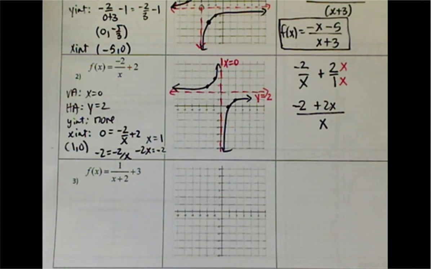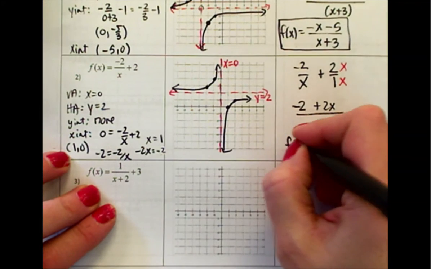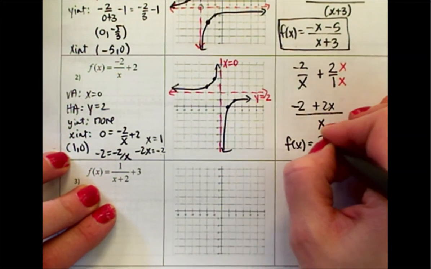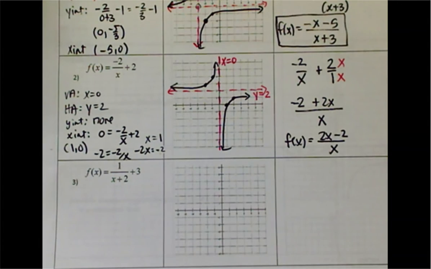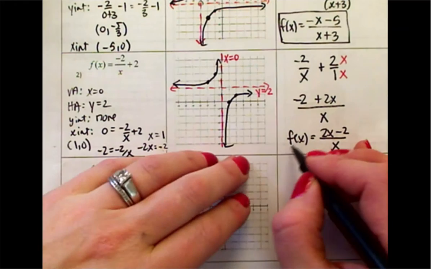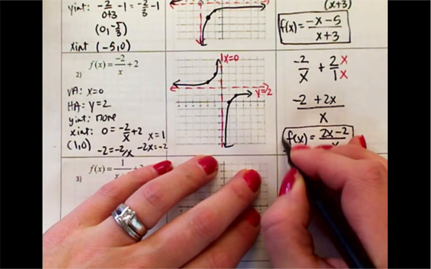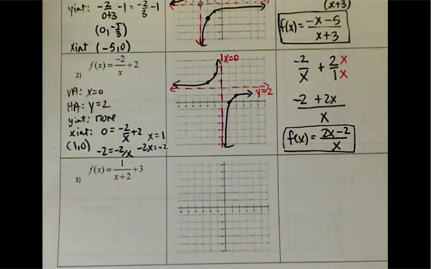So I'm going to put the 2x in front. That's it. Do not reduce. You just put them together. Nothing does reduce. There's a common 2 factor, but nothing reduces. So leave it. Okay, last one.